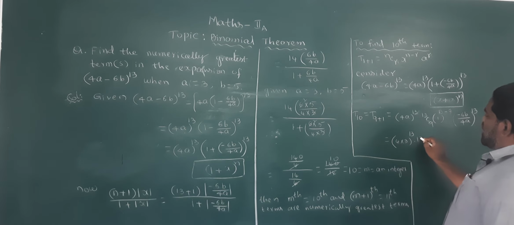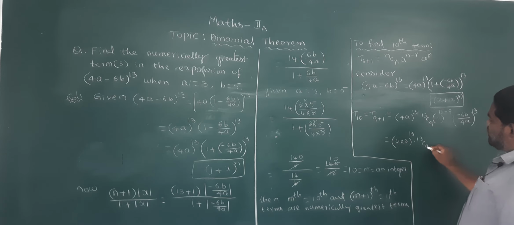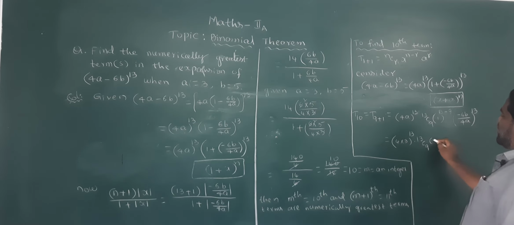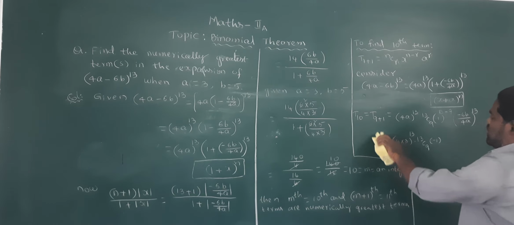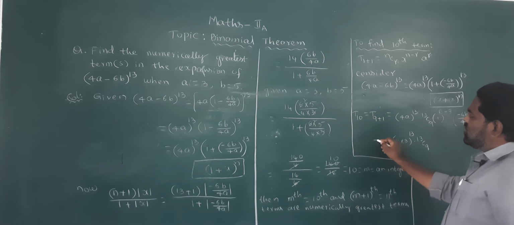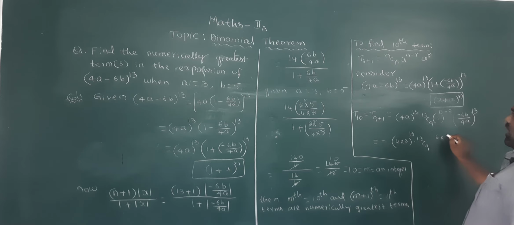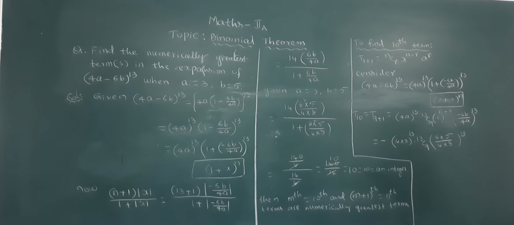13C9, 1 to the power of some value, neglected. The minus to the power 9, listen, that can be taken as minus. It is an odd power, that's why the complete term will be negative. This can be written as 6 into the b value 5, over the a value 3, whole power 9. Understand? It can be written like this.